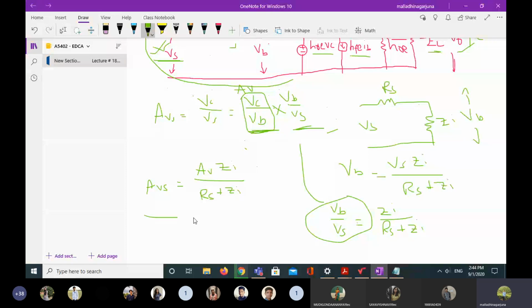So this is your AVS: AVS equal to AV into ZI by Rs plus ZI.